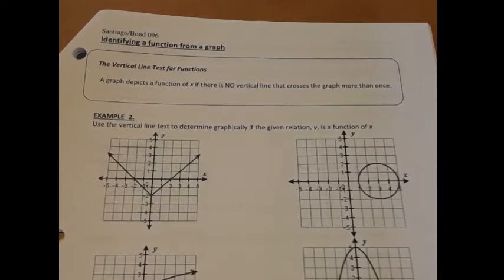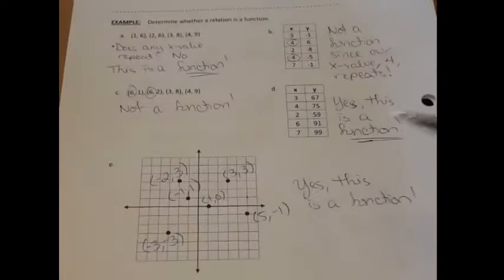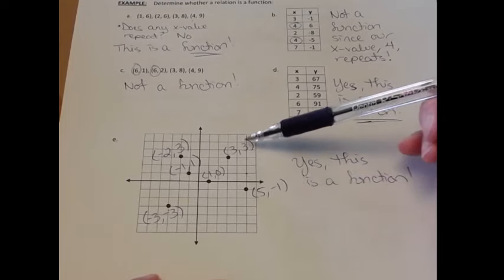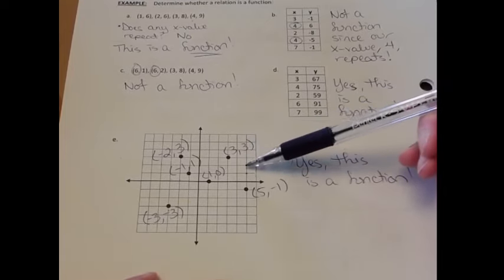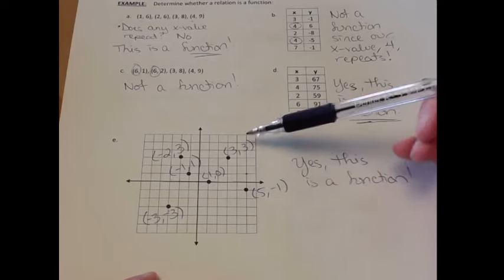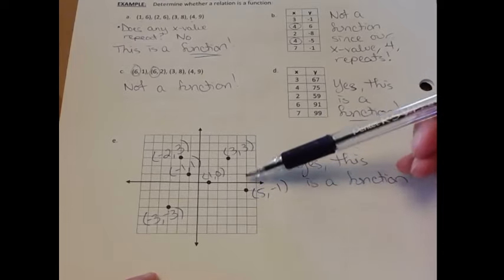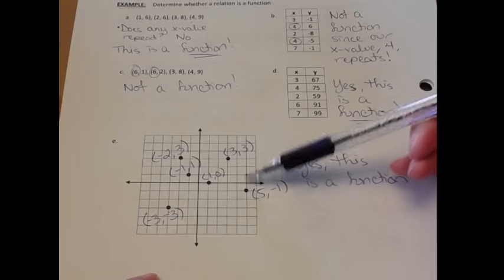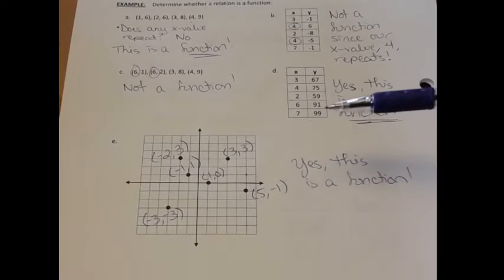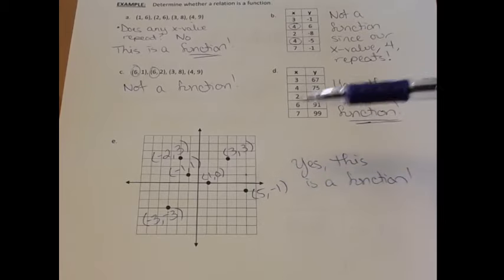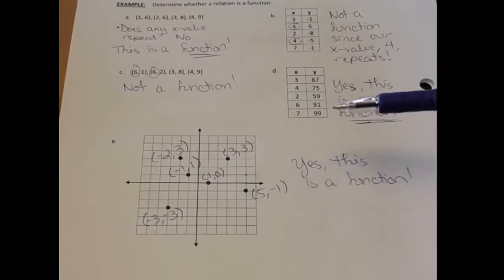Going back to what I was just referencing on our previous page, if I had a point here and I drew a vertical line, do you see how it would hit it once and then twice? So this one vertical line would hit my relation in two separate places. If this vertical line hits your relation in more than one place, then it fails the vertical line test, meaning it is not a function. Our x value repeats. It is not a function.